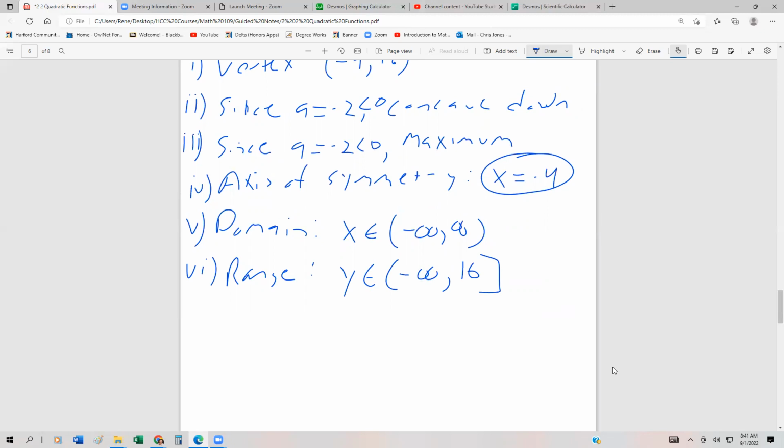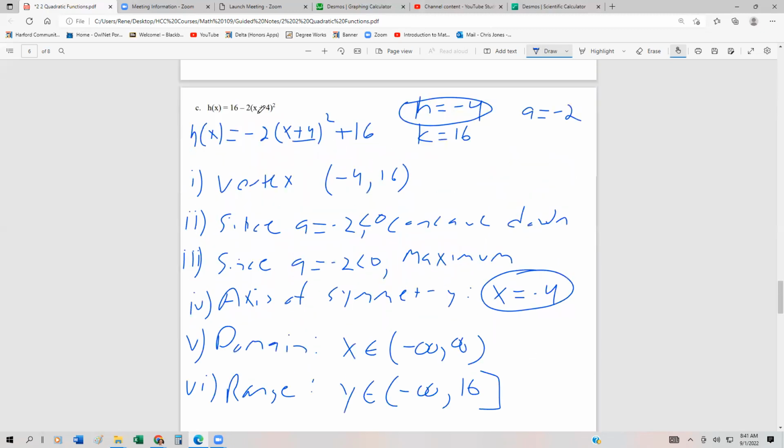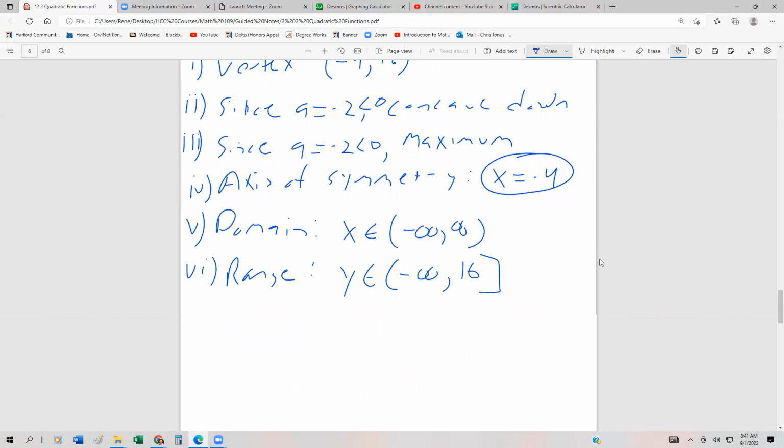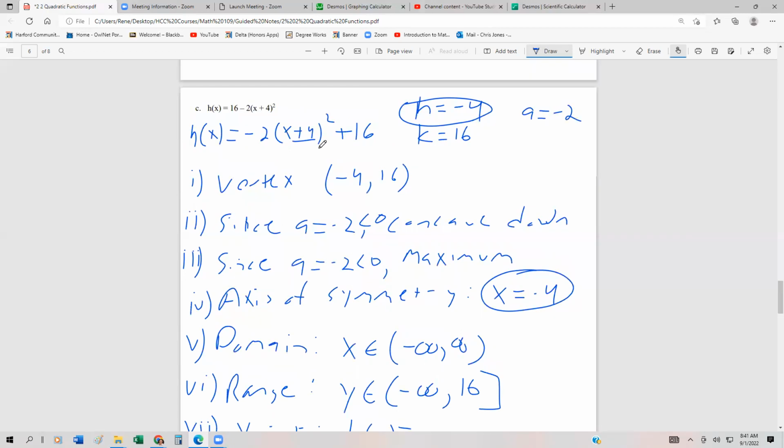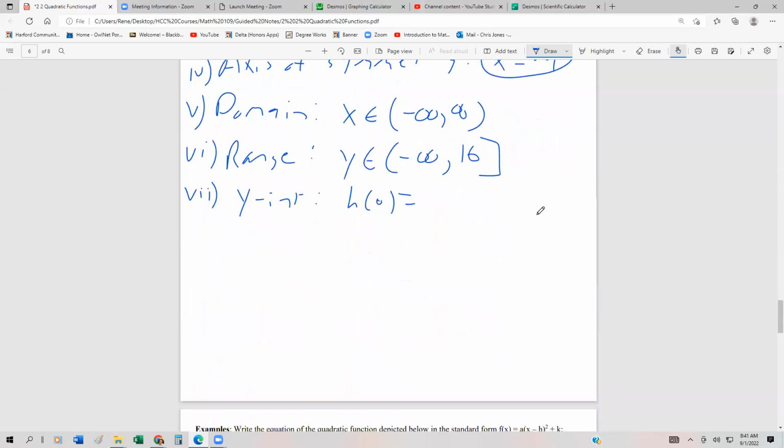Now let's find the intercepts by substituting 0 in for x to find the y-intercept. Okay, so last part, intercepts. For the y-intercept, we're going to find h at 0. And that's just going to give us 16 minus 2 times 0 plus 4 squared. In this case, that's going to be 16 minus 2 times 4 squared.